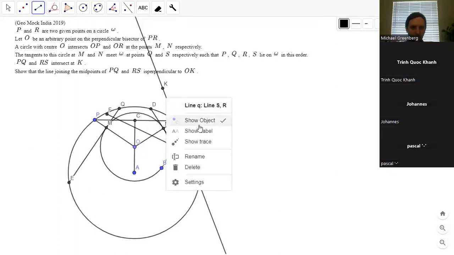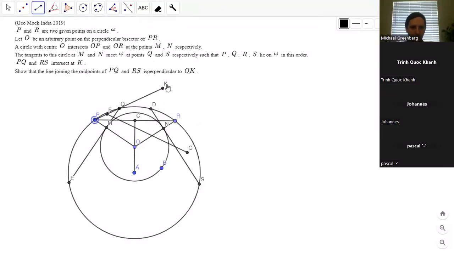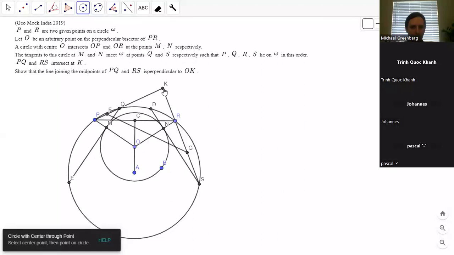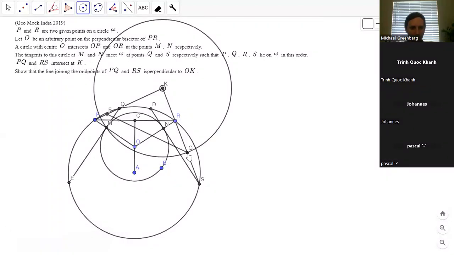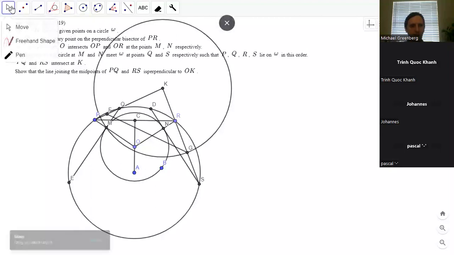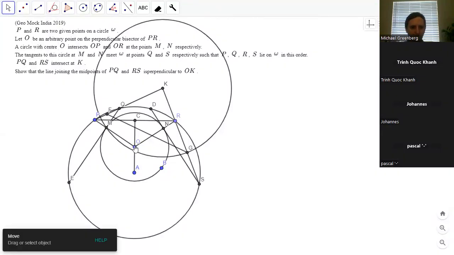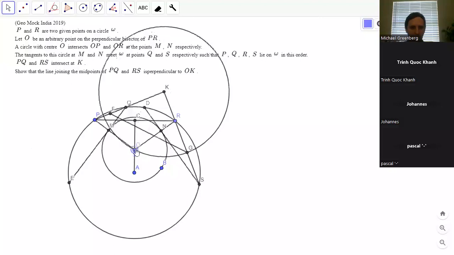I wonder if KFG is isosceles. It almost looks true, but I'm not sure. Let's check it out. No, is it really true that KM equals KG? No, that's not true.